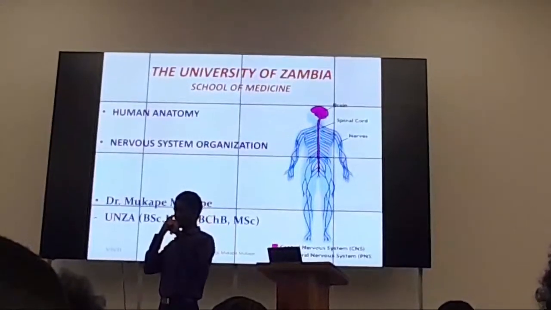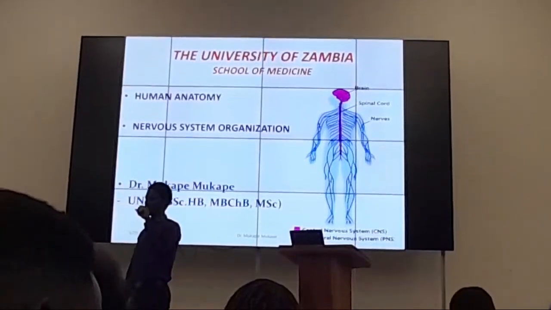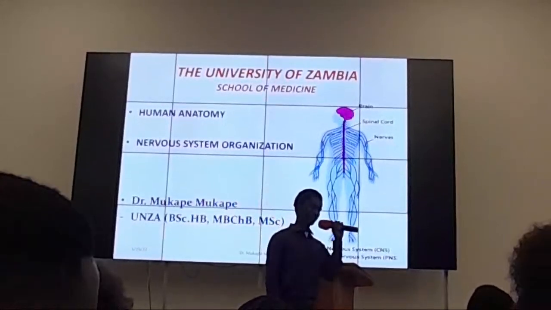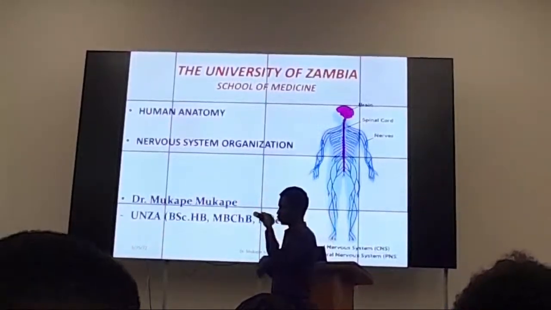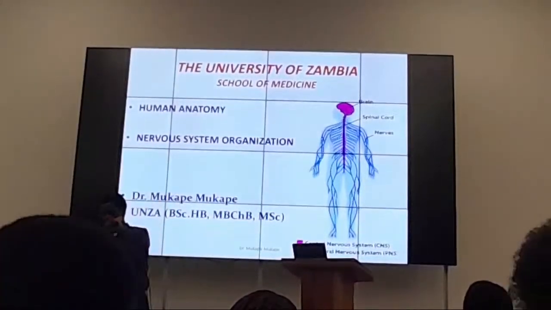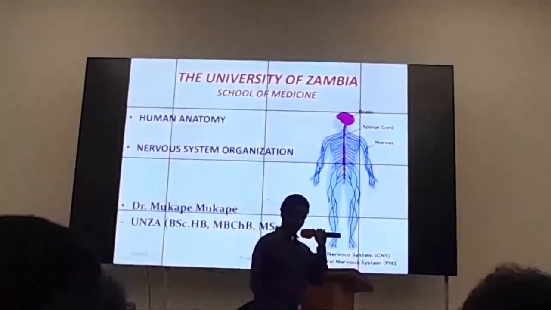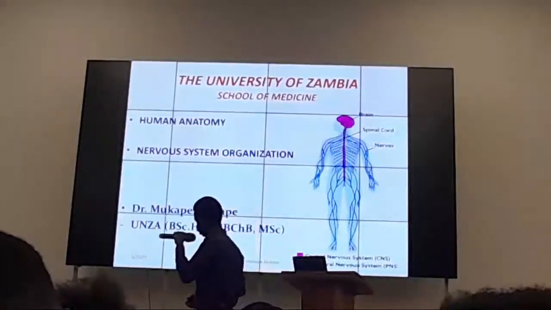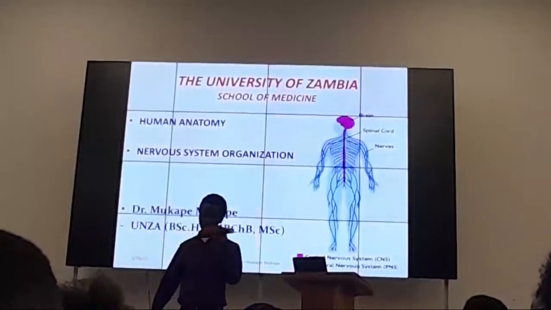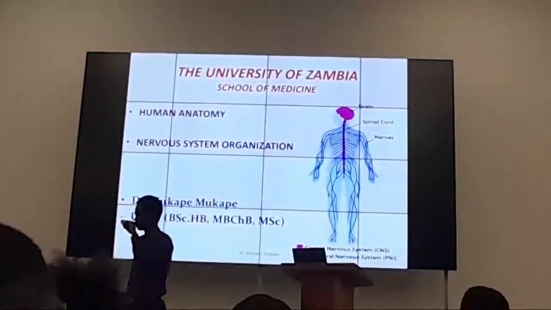Once you have swallowed that big bolus of food, when it reaches the esophagus, you can't say, stop there, don't go down to the stomach. You can't, so it will continue going until it reaches the stomach. The same with the heart. You can't tell your heart to stop beating. So those are the involuntary structures: the cardiac muscle, smooth muscle, as well as various glands in the body.